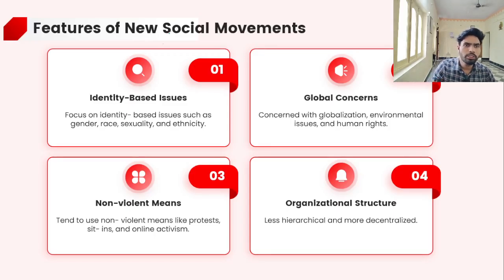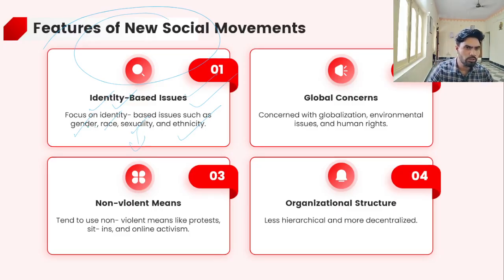So features of these new social movements are, first of all, identity-based issues. The focus is on identity-based issues such as gender, race, sexuality, and ethnicity. For sexuality, you can take the example of transgender people or same-sex groups.